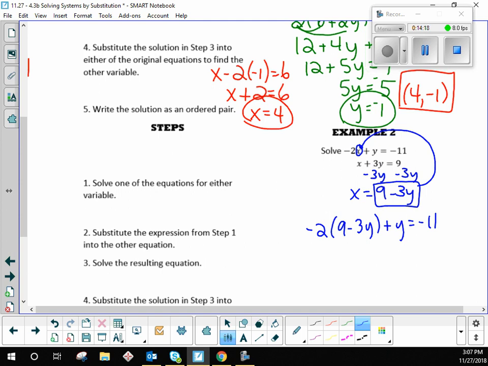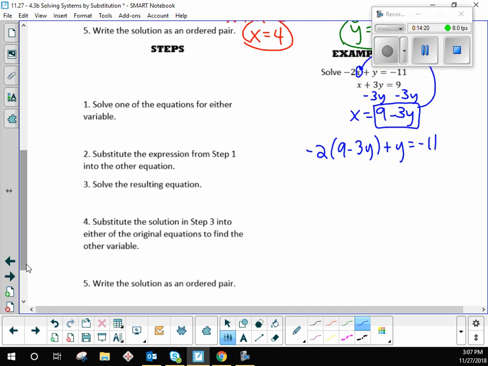So we distribute that 2, which has a negative in front. When you do your distributive property, that negative comes along for the ride. Distribute, distribute. So negative 2 times 9 is negative 18. Negative 2 times negative 3y is positive 6y, plus y equals negative 11.